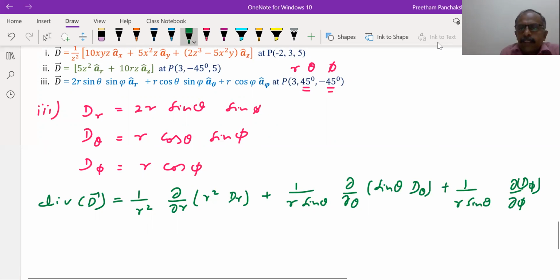This is the formula for finding divergence of D in the spherical coordinate system.